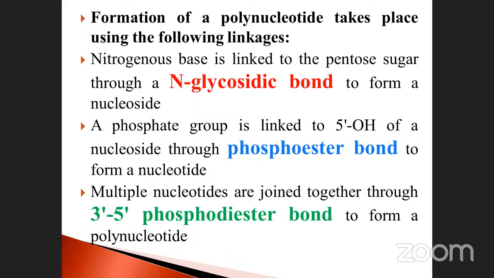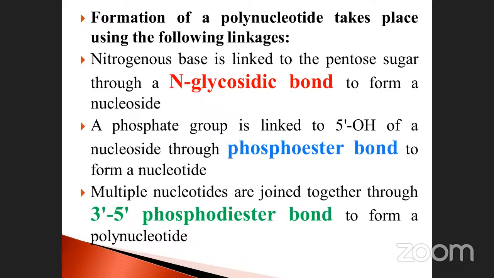These 3 bonds are essential for the construction of the double-stranded DNA molecule. The N-glycosidic bond we already discussed: the sugar molecule is linked with the nitrogen base. The phosphate group is linked with the nucleotide through the phosphodiester bond. Multiple nucleotides are joined together through the 3' to 5' linkage.